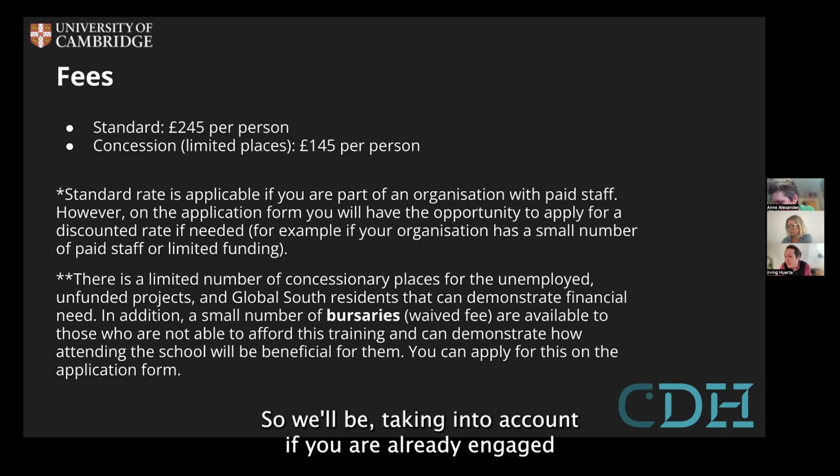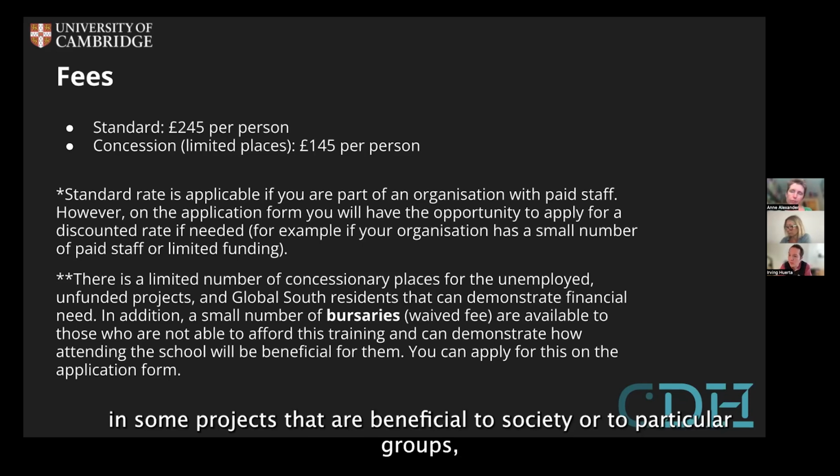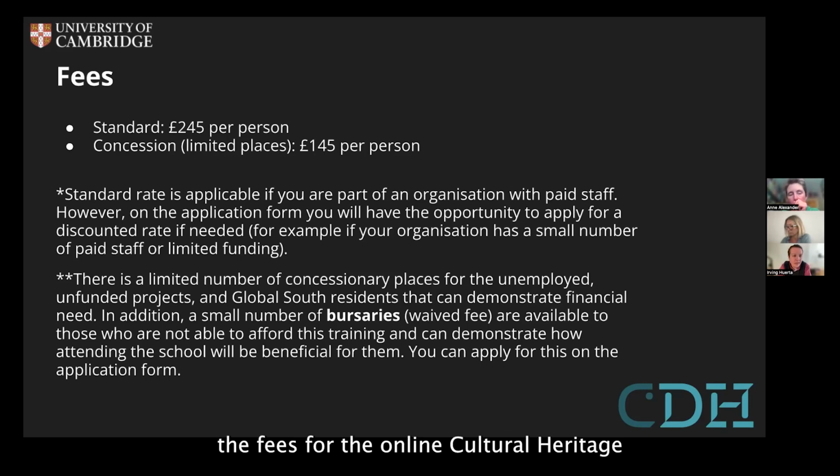So we'll be taking into account if you are already engaged in some projects that are of benefit to society or to particular groups, and the work you're doing is already having an impact. So those are then the fees for the online Cultural Heritage Data School in November.